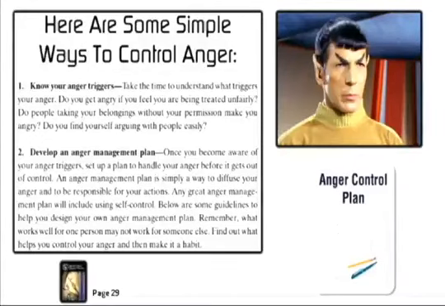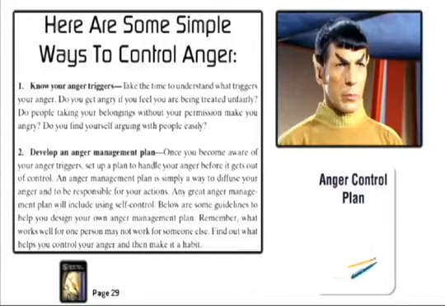Okay, so it says, here are some simple ways to control anger. Number 1, know your anger triggers. You remember what a trigger is? A trigger is something that begins a process, okay? And it says, take the time to understand what triggers your anger.